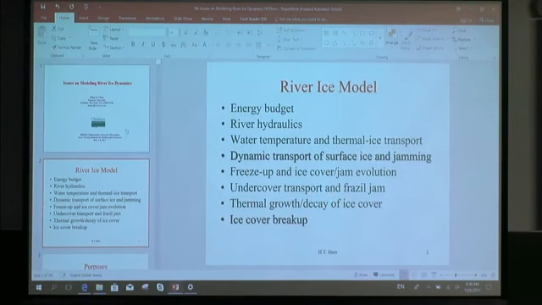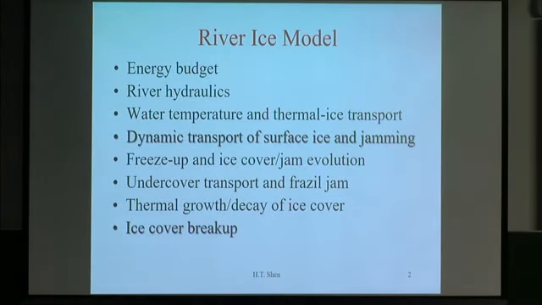So if we talk about a river ice model, we try to include everything as much as we can. So we are talking about all of these: energy budget, heat exchanges, and hydraulics, because everything is related to the flow, and water temperature and thermal ice transport, freeze up, and all these.